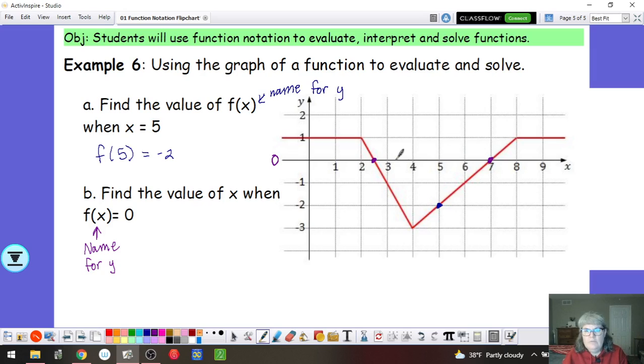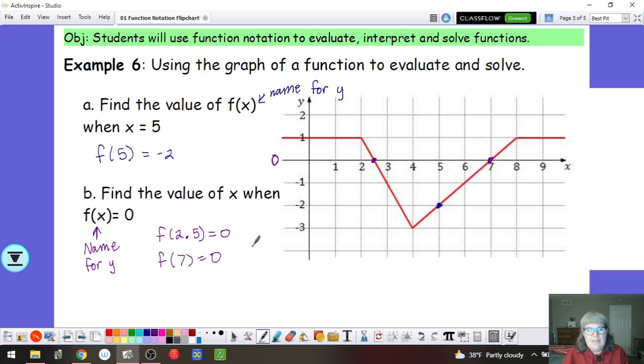So I find every time I have y is 0 on my graph, and when x is 2, so f of 2 equals 0, or not 2, excuse me. This is actually at 2.5, so we need to revise that. f of 2.5 equals 0. And then the other one is f of 7 equals 0.